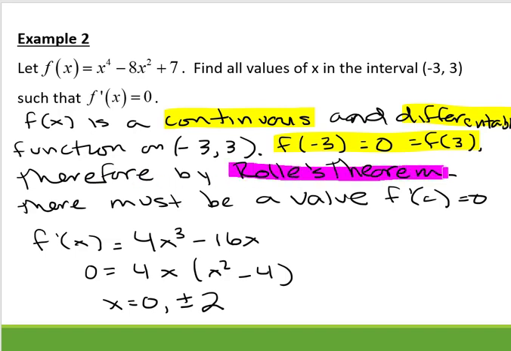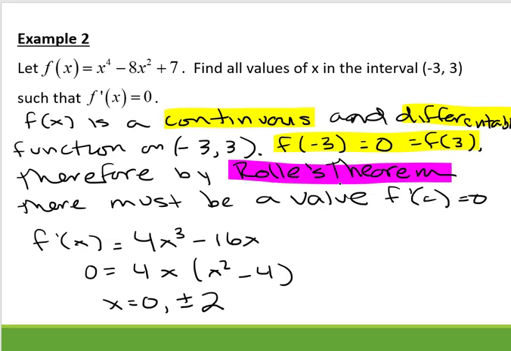College Board is really picky when you're utilizing this theorem. So you want to make sure that you state the conditions you need in order to use the theorem. This is one of those theorems where we need to state the conditions to be true before I can use the theorem. Kind of like the intermediate value theorem. You had to state that we were continuous first. If you didn't, you didn't get full credit, okay?